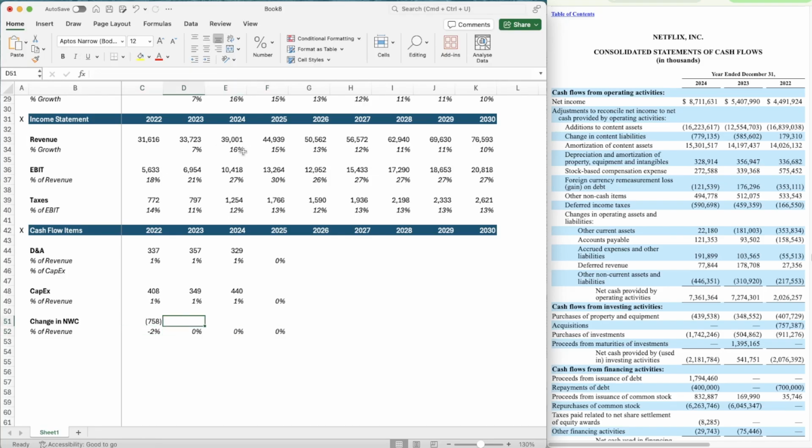Again, equals negative 181 sum, negative 181.03, 93.502, 103.565, 178.708, negative 310.92.